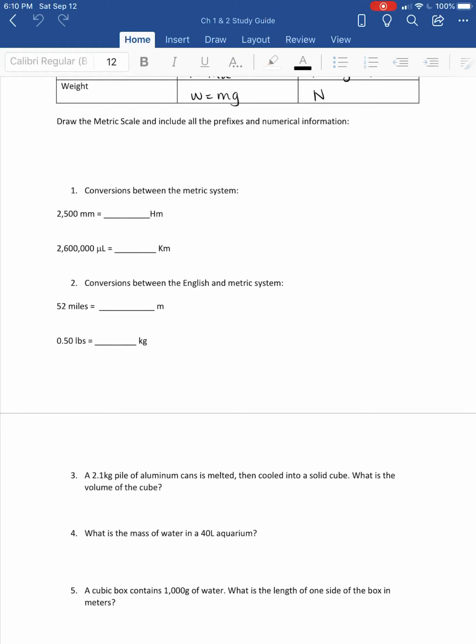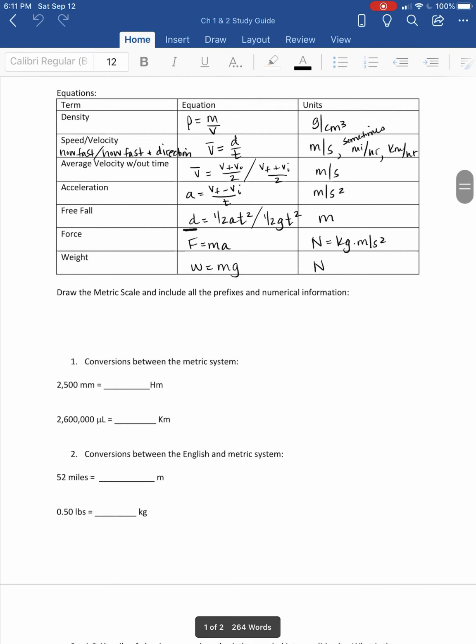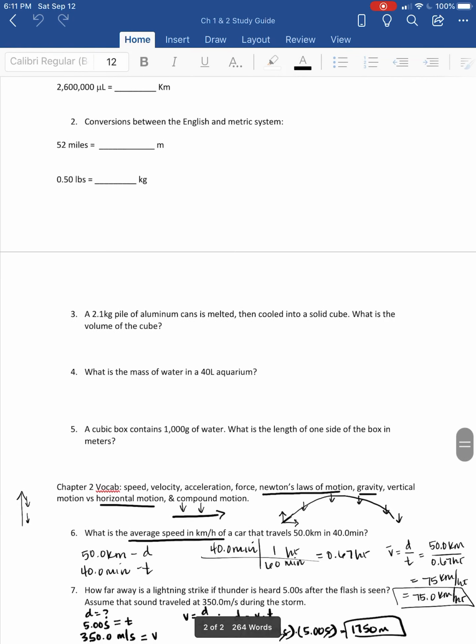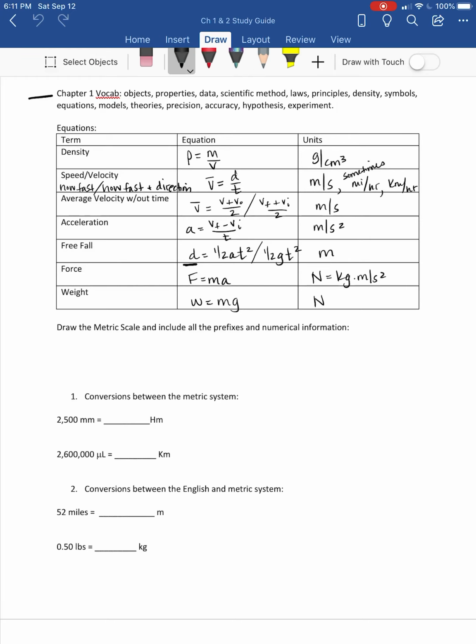Okay, so this is where we stopped on our study guide a week ago. And so I just want to go through the chapter 1 stuff, just kind of review what we have going on there. So we've already done all of the equations. And of course, you need to pay attention to these vocabulary words that we have up here.